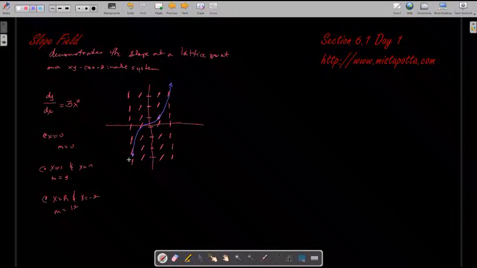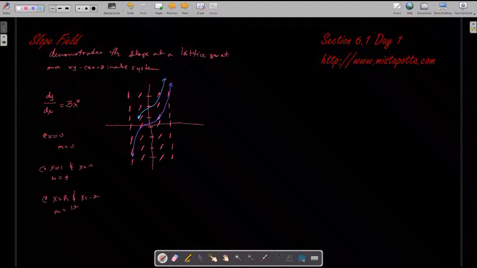Now keep in mind, the whole idea of a slope field is that this is going to demonstrate all of the possible slopes. So I've got a curve that passes through a given point, but if I was given a different point, say a point over here, what I would find is that I'm going to end up with a different curve.